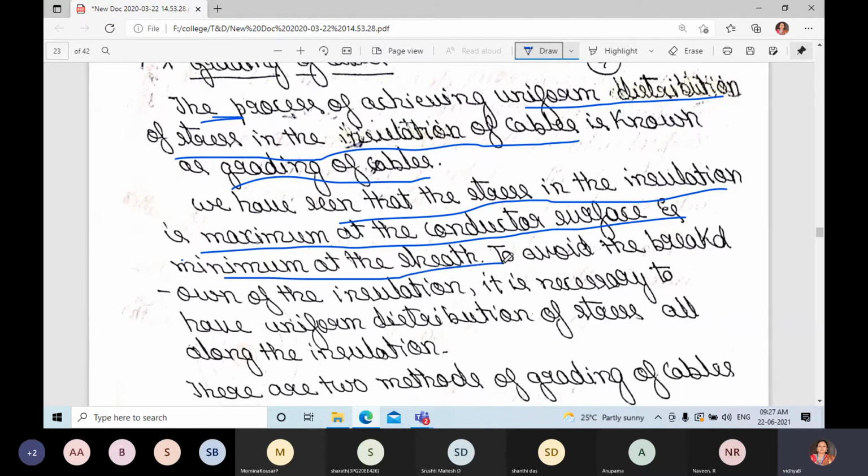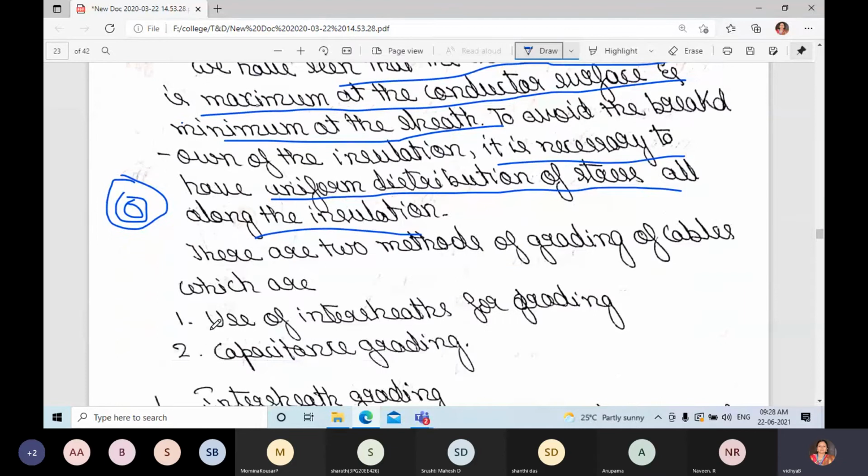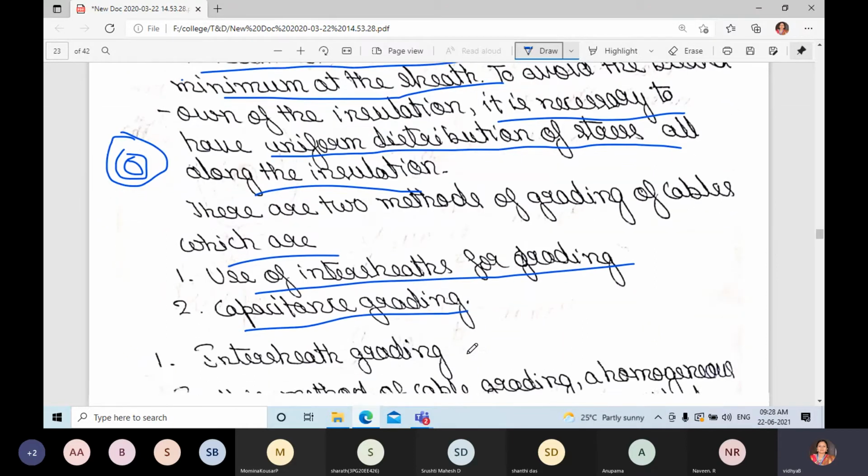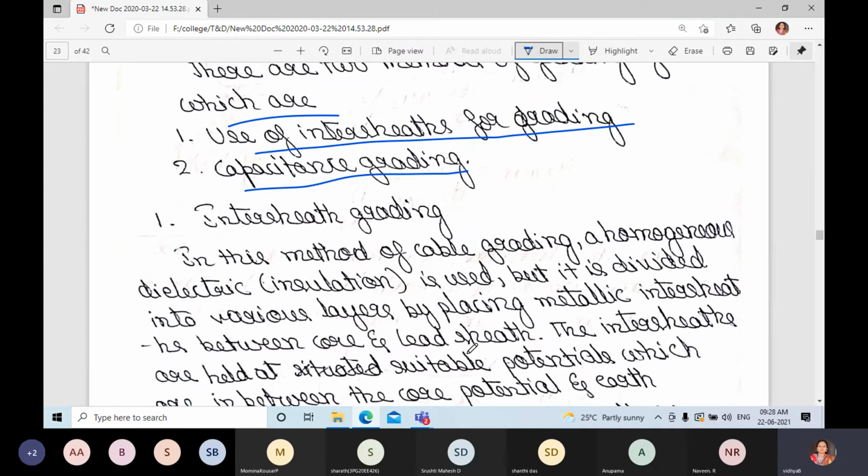After the core, the next layer is only insulation, so it will have maximum stress, and next is the lead sheath, which will have minimum. To avoid the breakdown of the insulation, it is necessary to have a uniform distribution of stress all along the insulation. If there are many layers, then the stress should be equally distributed. There are two methods of grading of cables: use of intersheath for grading, and capacitance grading. First, intersheath grading.